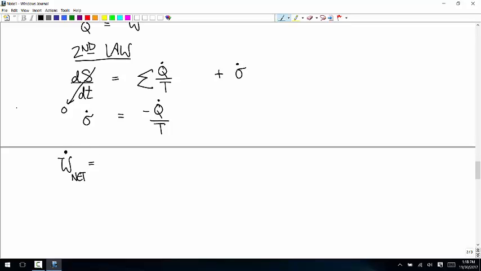The net work rate is equal to the positive work out rate minus the rate of work in. The work out was 58.8, the work in was 60. And so this is negative 1.2 kilowatts.